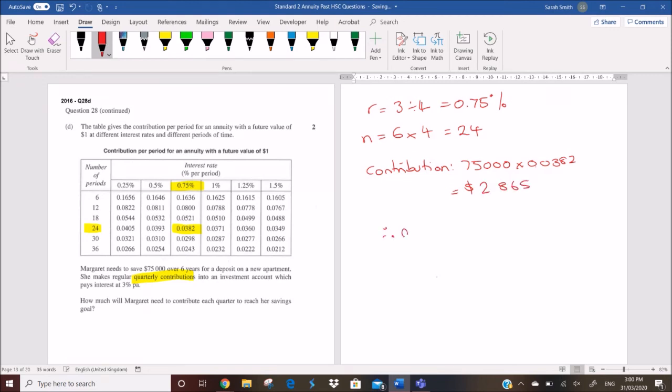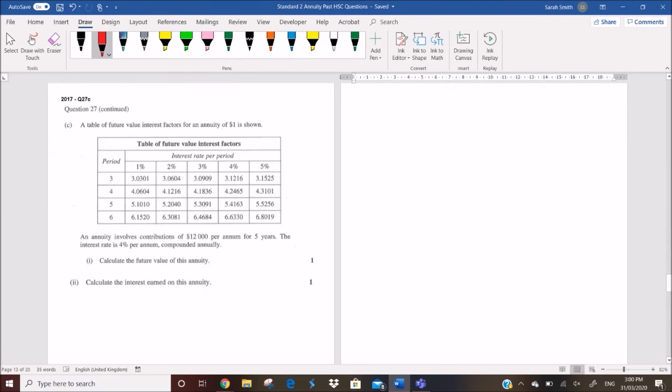So therefore, Margaret needs to make quarterly payments of $2,865.